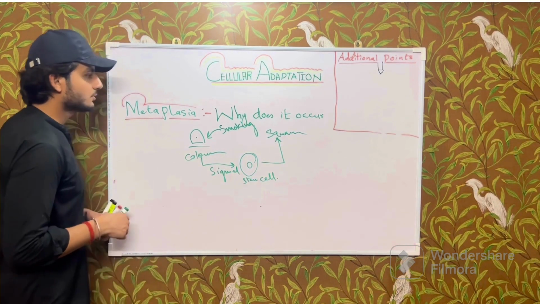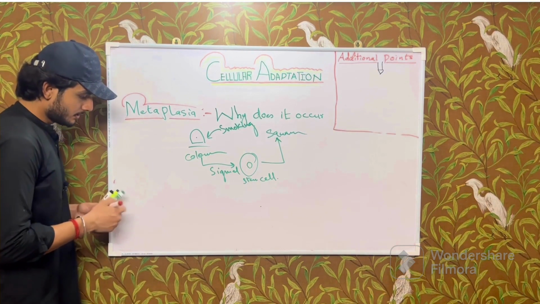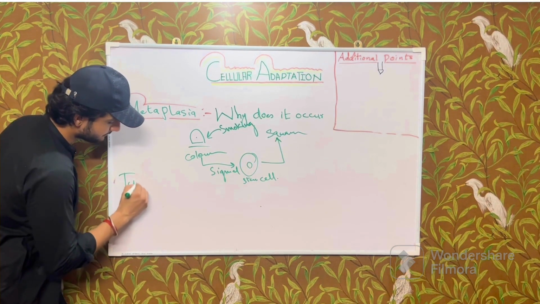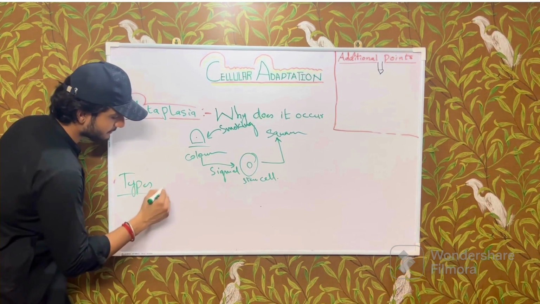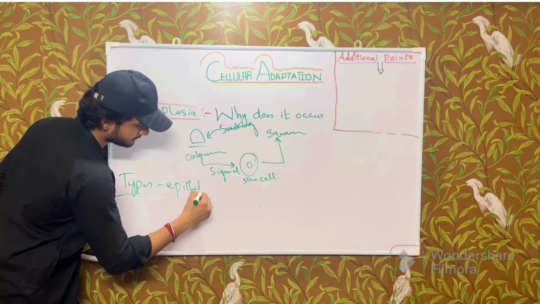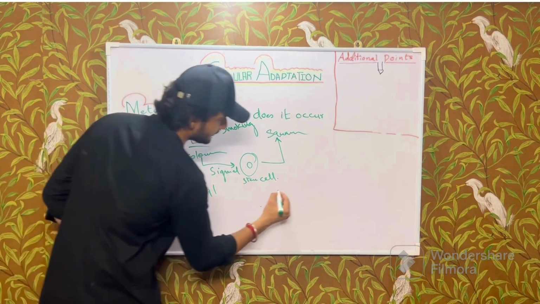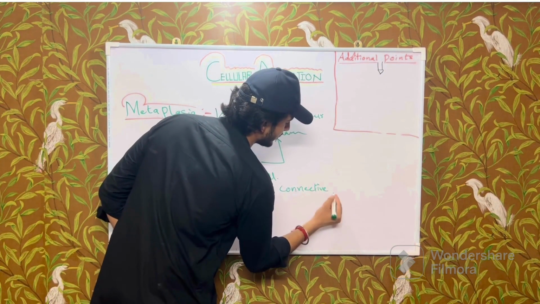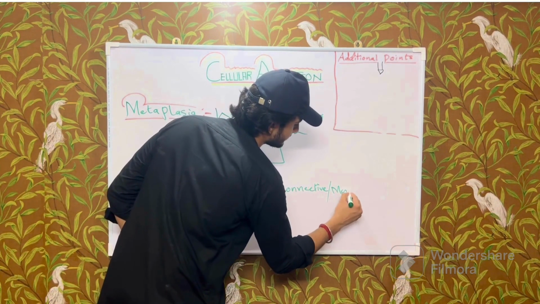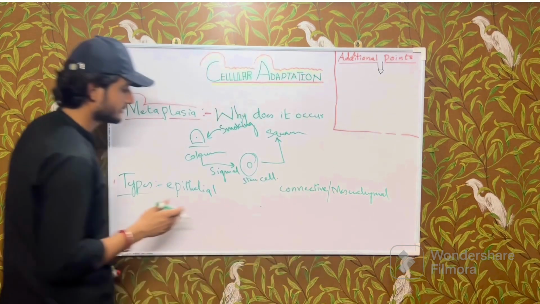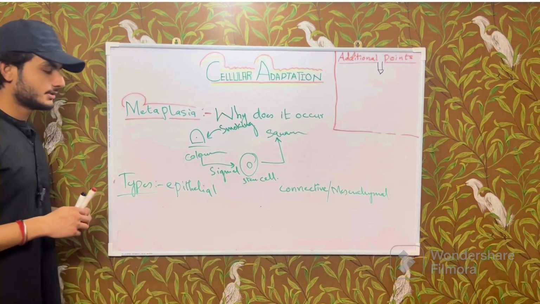Now let's talk about the types of metaplasia. We have two types of metaplasia. The first one is epithelial metaplasia, and the second one is connective tissue metaplasia, also known as mesenchymal metaplasia. Let's talk about them in detail.